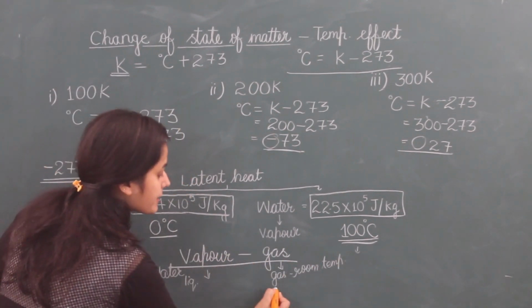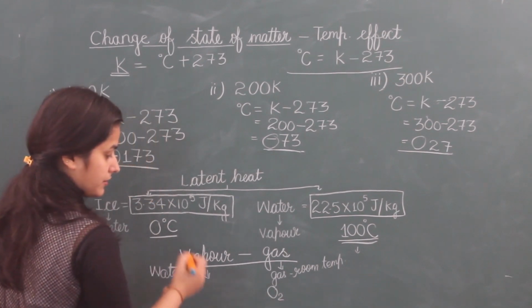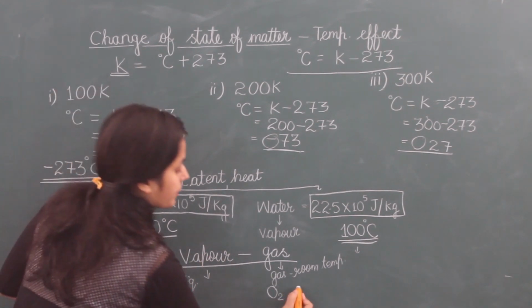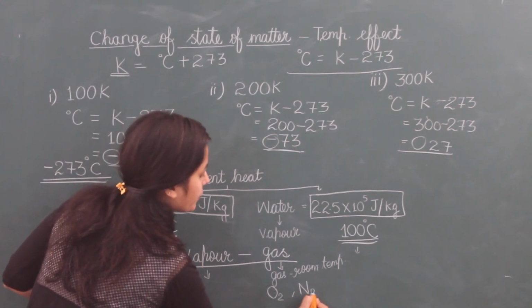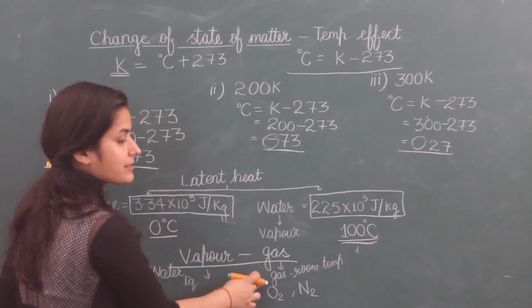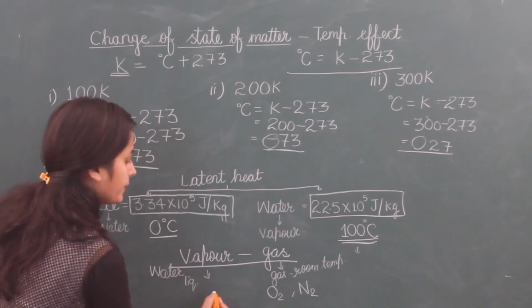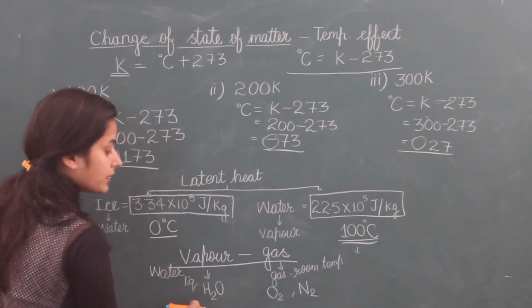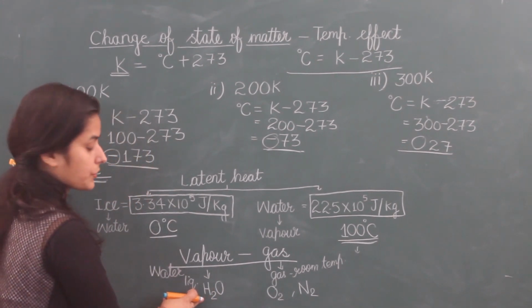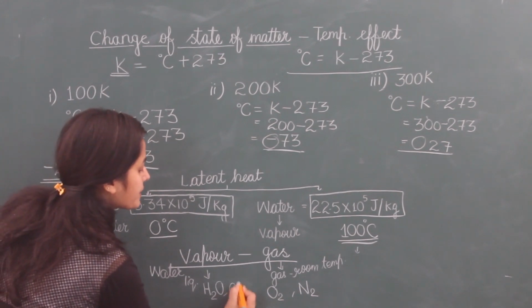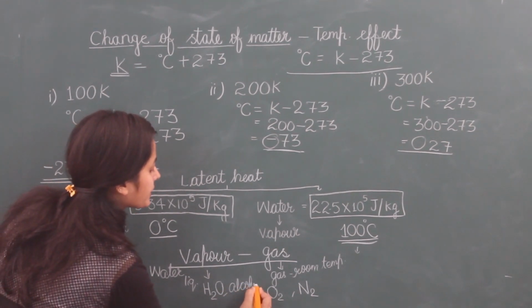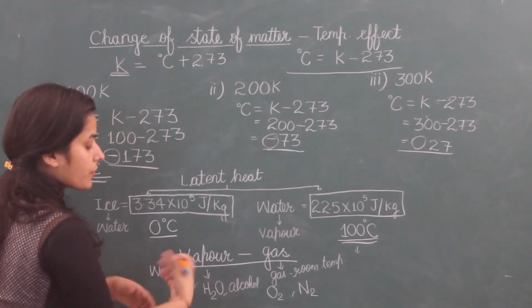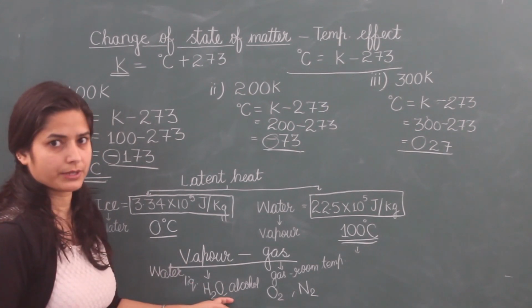So vapors of oxygen cannot be there, vapors of nitrogen cannot be there because these are gases at room temperature. But vapors of water can be there because it is liquid at room temperature. Vapors of alcohol can be there because it is also liquid at room temperature.